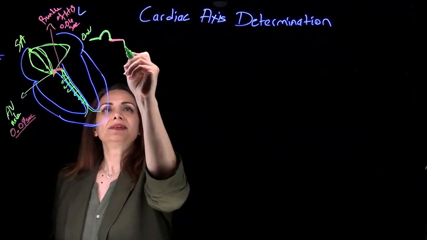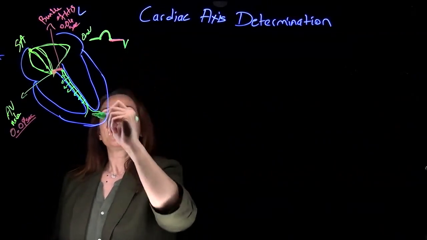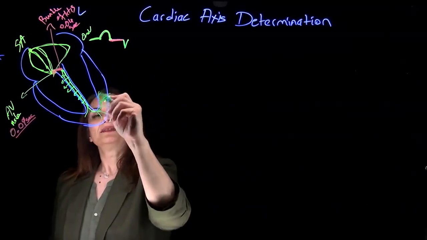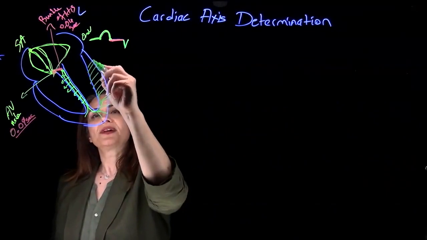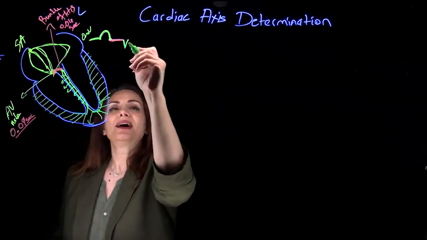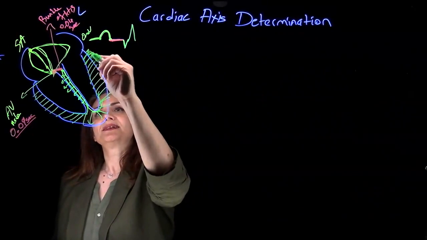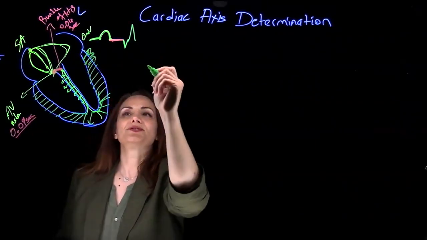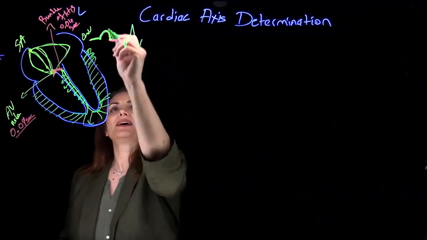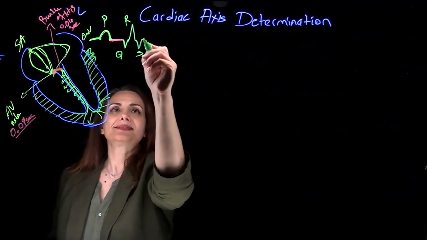During the septal depolarization, we're recording the Q wave, and following that, while Purkinje fibers depolarize the ventricles from inside out, from endocardium towards epicardium, we're recording the R wave. At the very last part, the base of the ventricle, we might be recording the S wave. So we have here the P wave, the Q, the R, and the S.